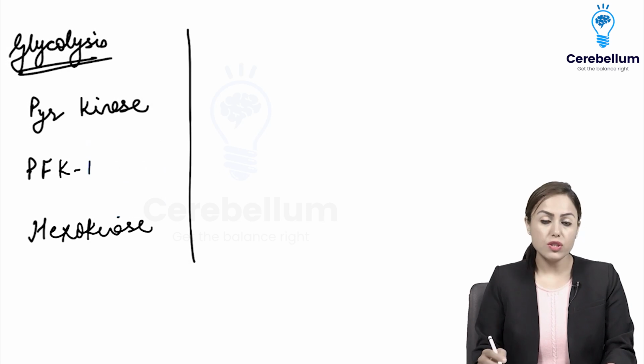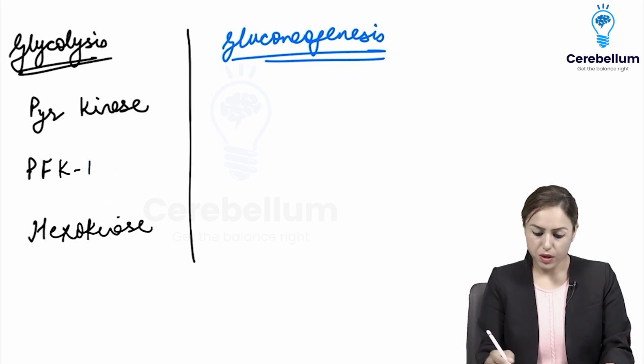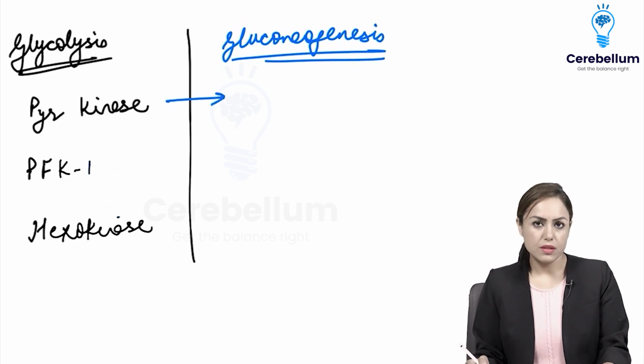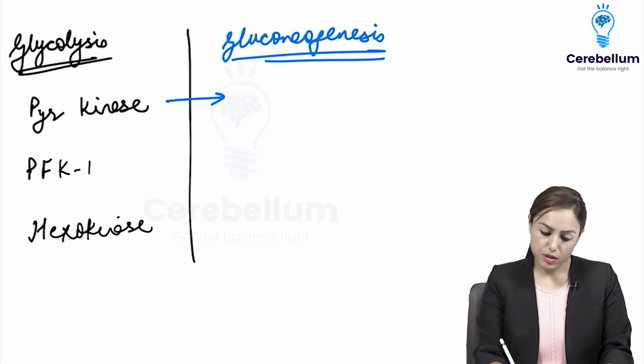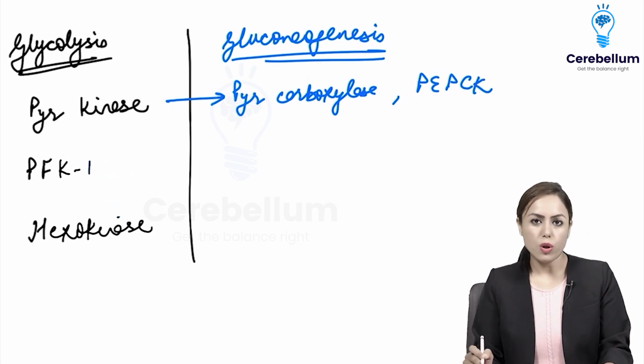Now, which enzymes instead of these will be used in gluconeogenesis? Okay, so instead of pyruvate kinase, there is use of 2 different enzymes in gluconeogenesis. The first one is pyruvate carboxylase, next is PEPCK, phosphoenolpyruvate carboxykinase, right?